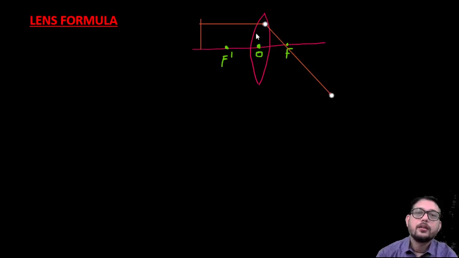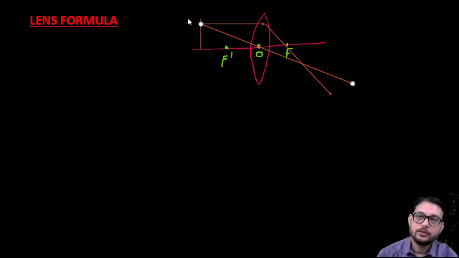Now, another ray which also starts from the object like this way, that ray passes through the optical center like this way. So this is your ray which passes through the optical center, as you can see here.